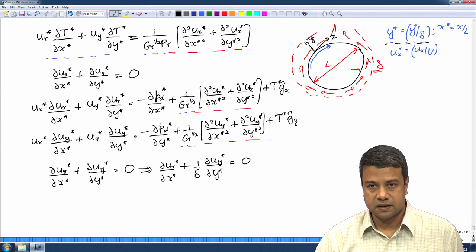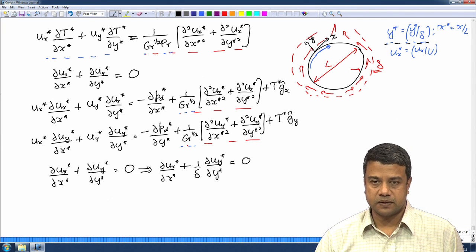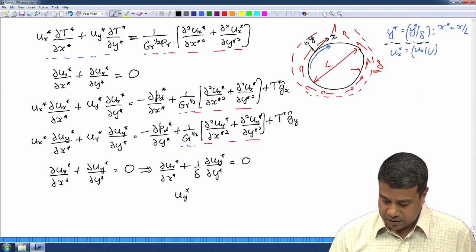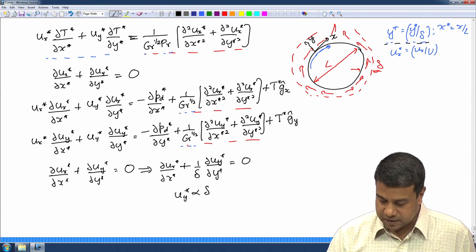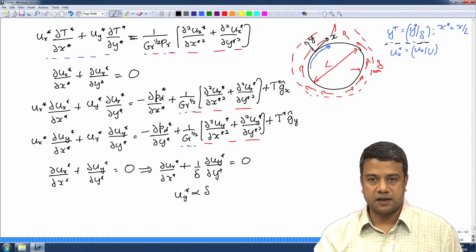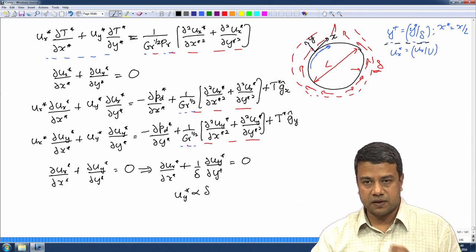Therefore, in this equation, if the contributions to the mass conservation equation from ux and uy have to be of equal magnitude, that means that uy star has to be proportional to delta itself, because the velocity in the streamwise direction is in fact given by the body force. In the cross stream direction, the velocity has to be 0 at the surface.